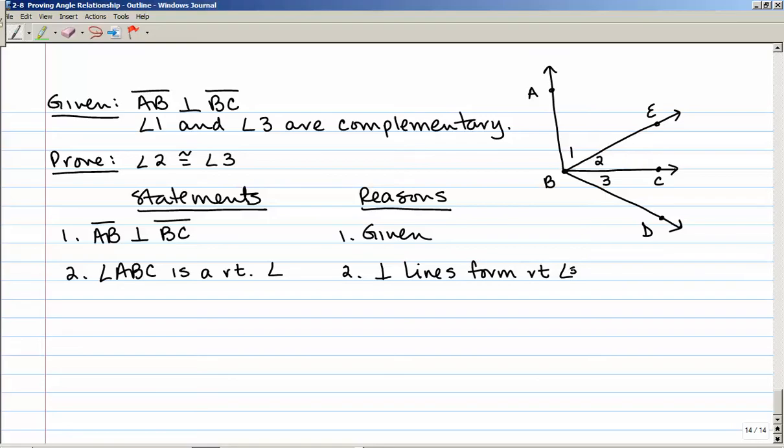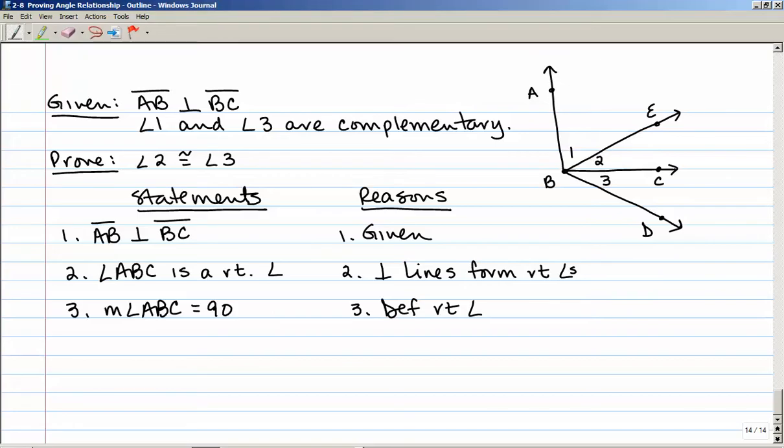If lines are perpendicular, then they form right angles. Well, if angle ABC is a right angle, then I know that the measure of angle ABC is equal to 90. And that's by the definition of right angle. The definition of a right angle says if it's a right angle, then it measures 90.